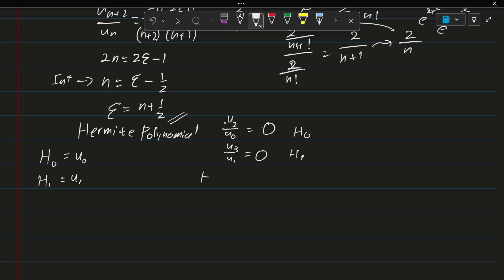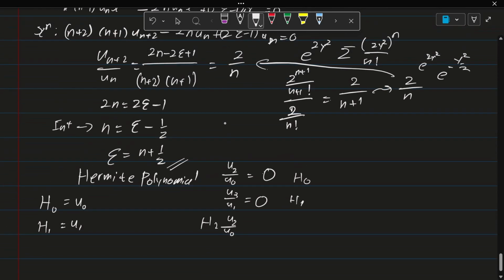Now for h2, you would need to consider u2 over u0, which would become a 5 over 2. So the 2 epsilon minus 1 would become a 6. So it's 2n minus 6 over n plus 2 and n plus 1, right?